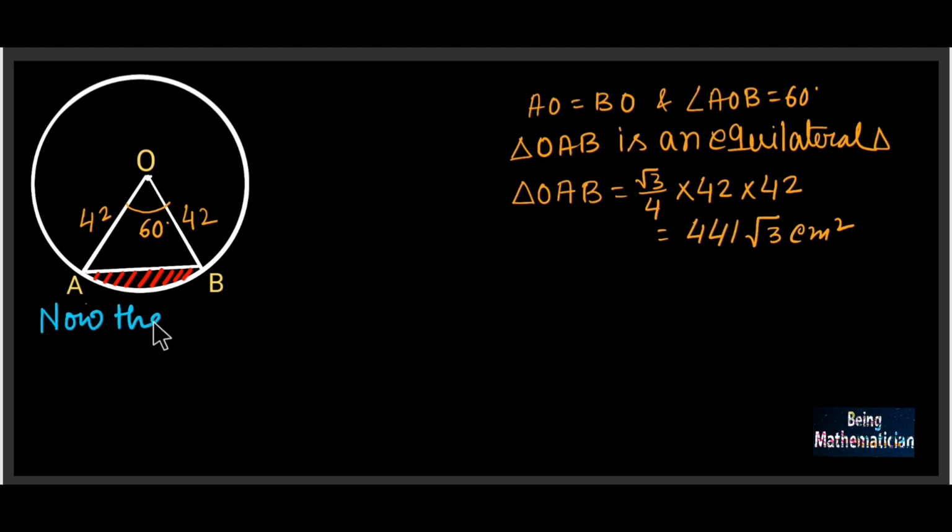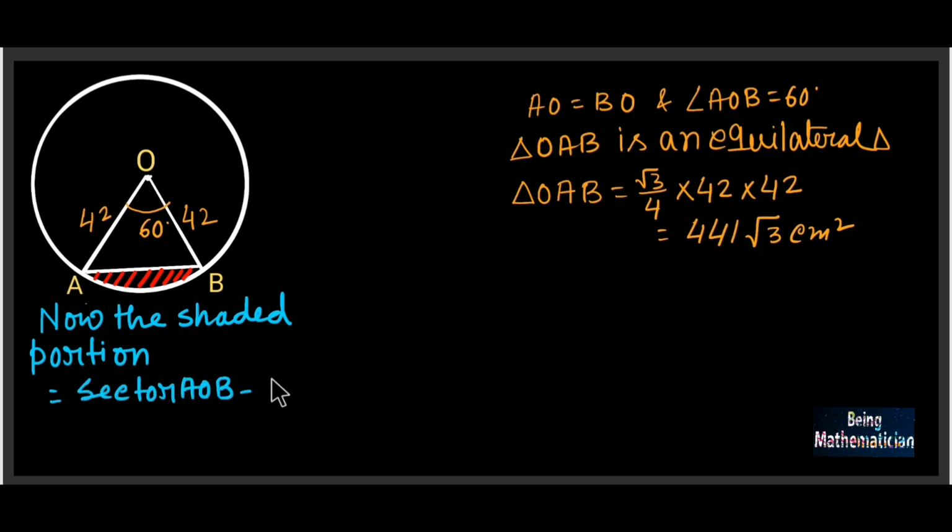Now the shaded portion must be the sector AOB minus the triangle AOB, and the shaded portion is called the segment.